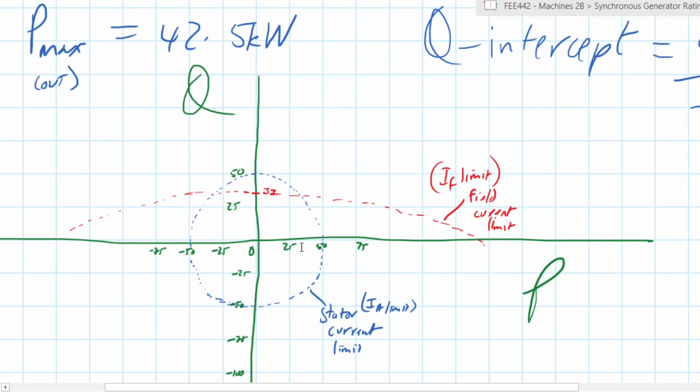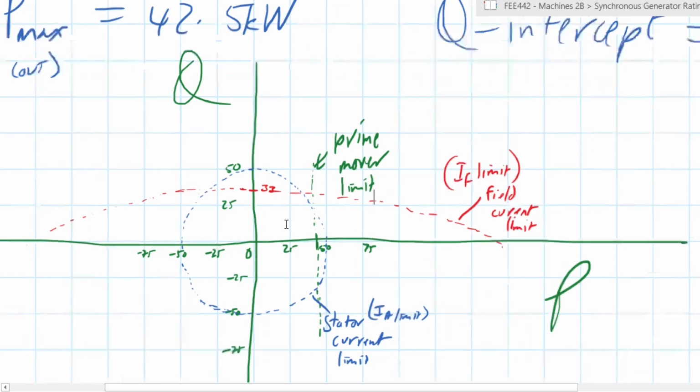So it will be somewhere around here. Let's call it there. And then it will be shown by a straight line along that point. So this is the prime mover limit. Right? And there we have drawn our capability curve.